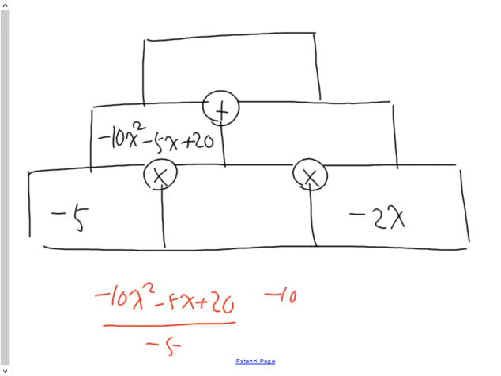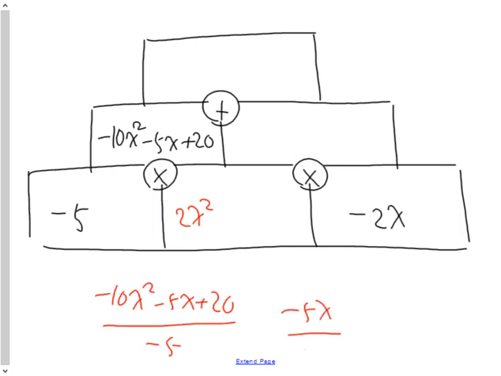So a negative 10x squared divided by -5 will make a positive 2x squared. So your first term will be 2x squared, or another way to think of it, 2x squared multiplied by -5 is negative 10x squared. Your second term, which is negative 5x.